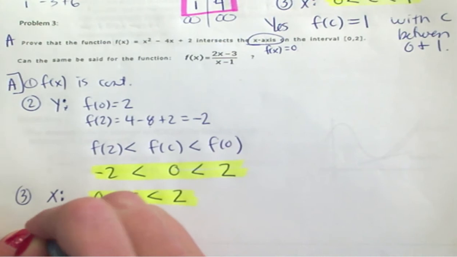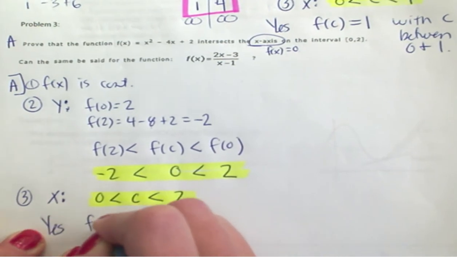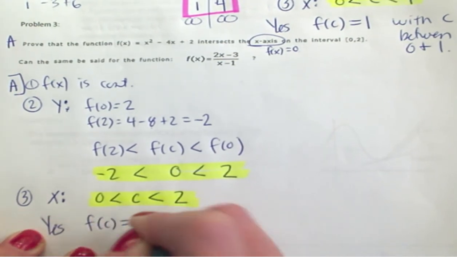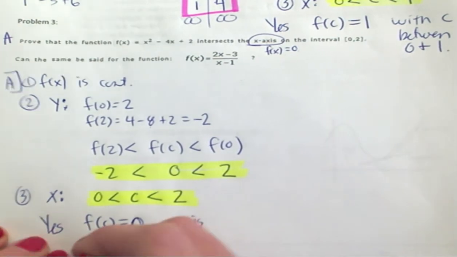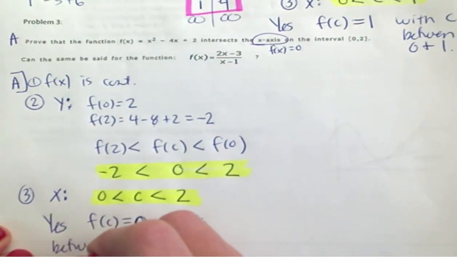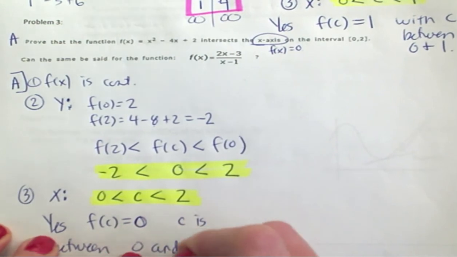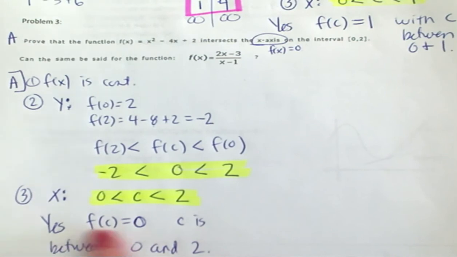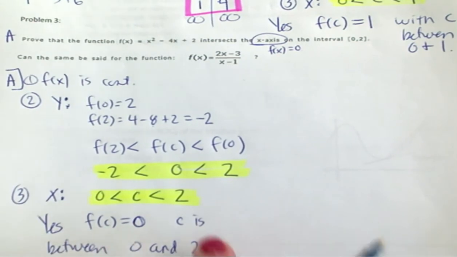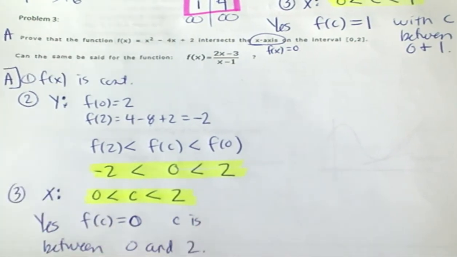Yes. So, yes, f of c equals 0. C is between 0 and 2. This will happen if c is between 0 and 2.